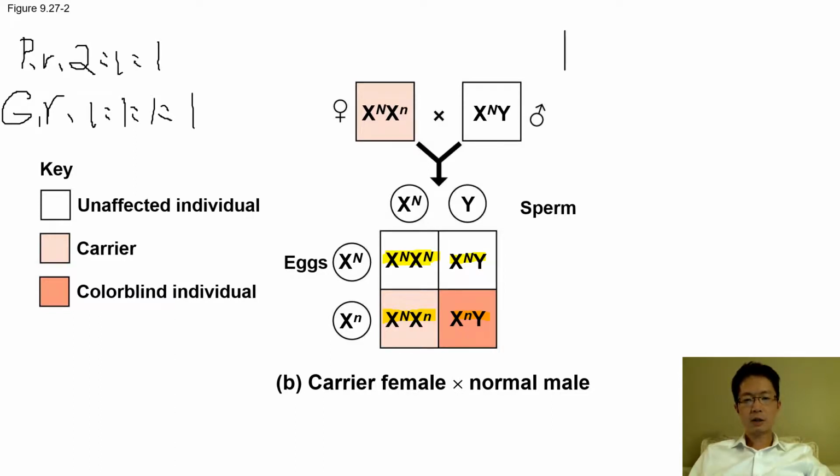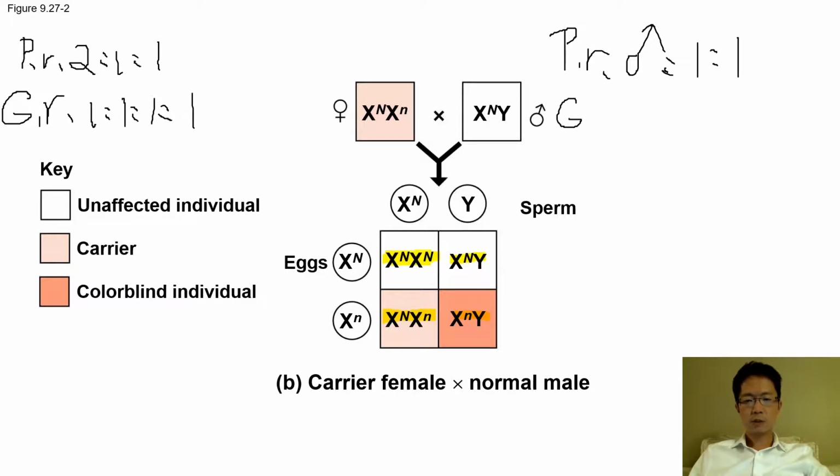Now let's do each gender. The phenotypic ratio for boys is 1 to 1, that means 50%.